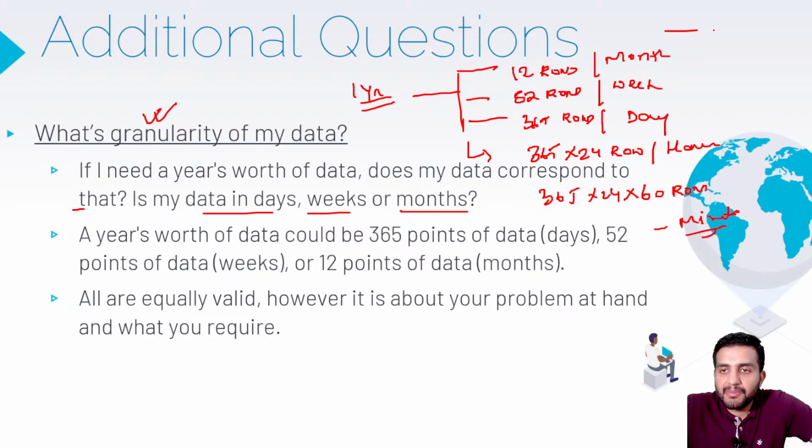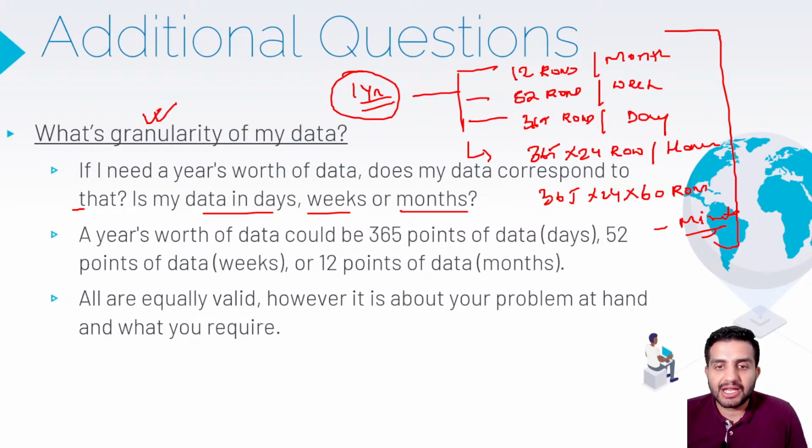So likewise, my granularity of information is getting changed. So by 1 year, I have to understand what granularity of information are we going to talk about. And that is going to change the entire hypothesis. That is going to change my entire result sets.